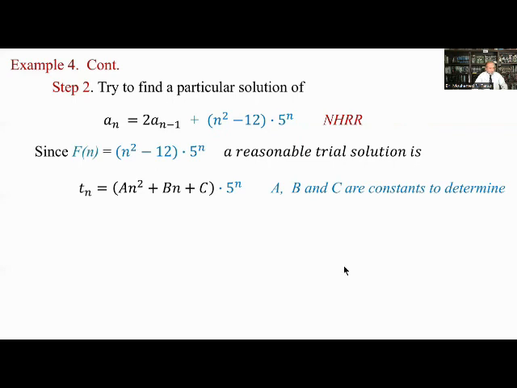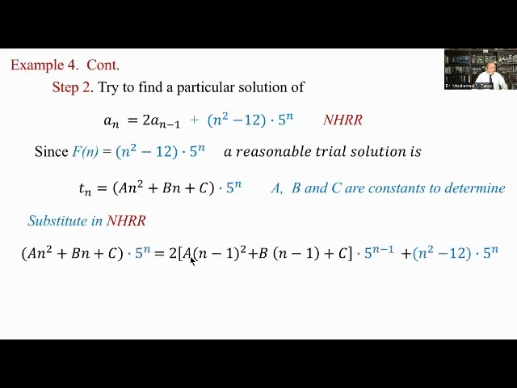We take this one and substitute it in this recurrence relation. Just a substitution. Now I'm going to group the terms by powers of n squared and n, so that we can match later on.